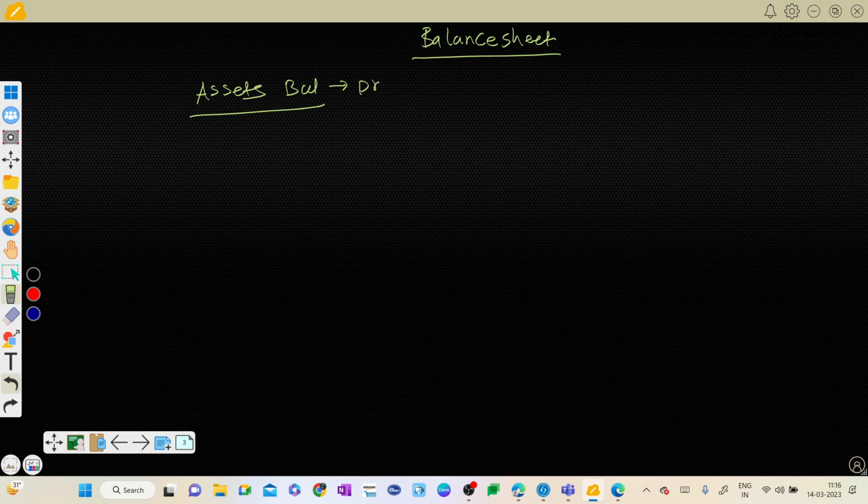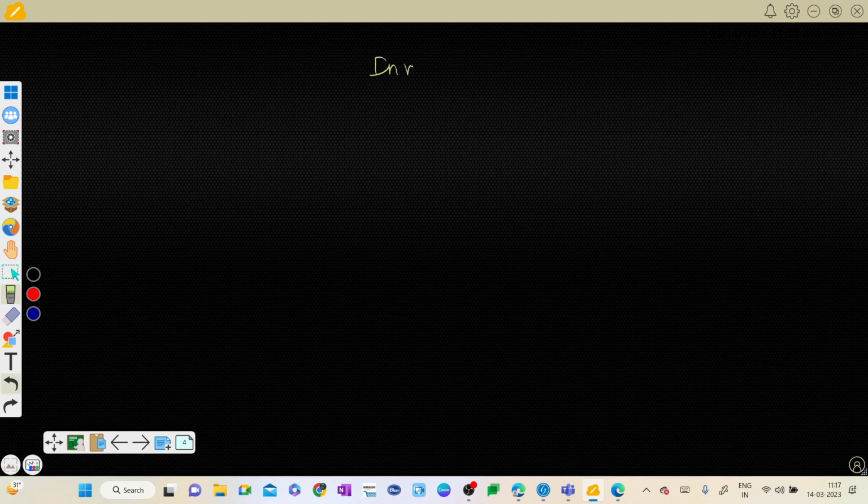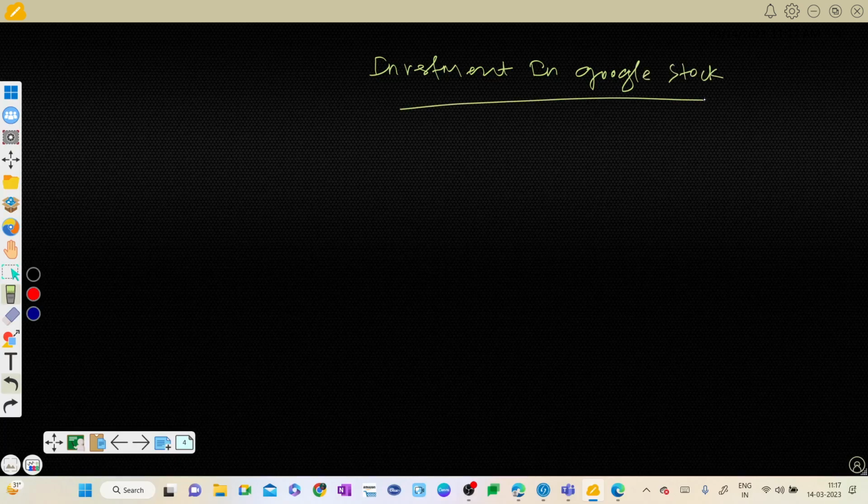Here we are calculating NAV, so it means we'll always consider the fair value, right? If you see the investment in Google stock, they have mentioned USD book value and market value.